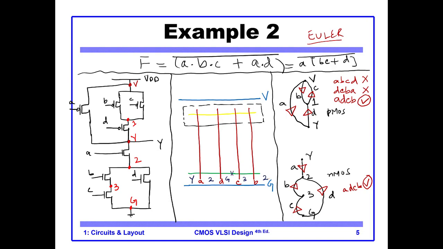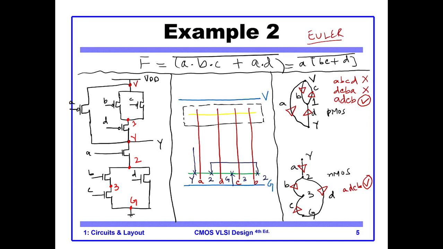I have to connect G with this cross to the ground. I have to connect both the 2 together, and I have to connect the output, which is here. So my output is here, okay, this is my output.